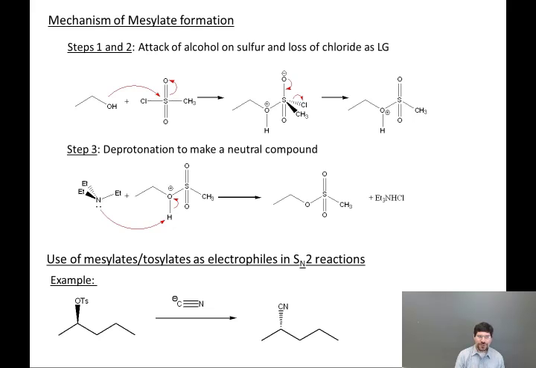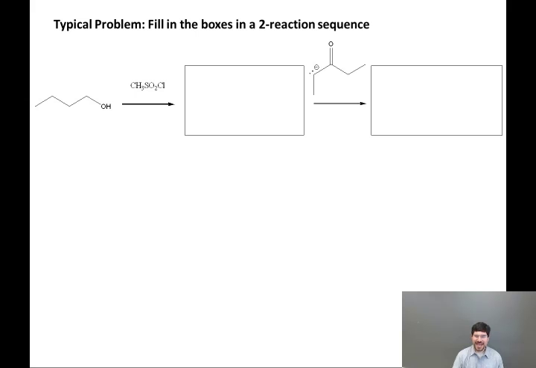The use of mesylates and tosylates then is to allow us to put together two reactions. A mesylate is a stable compound. It's something you can put in a bottle and store till next week if you need to, as opposed to an intermediate, which reacts rapidly in the course of the reaction mechanism to get to a stable product.